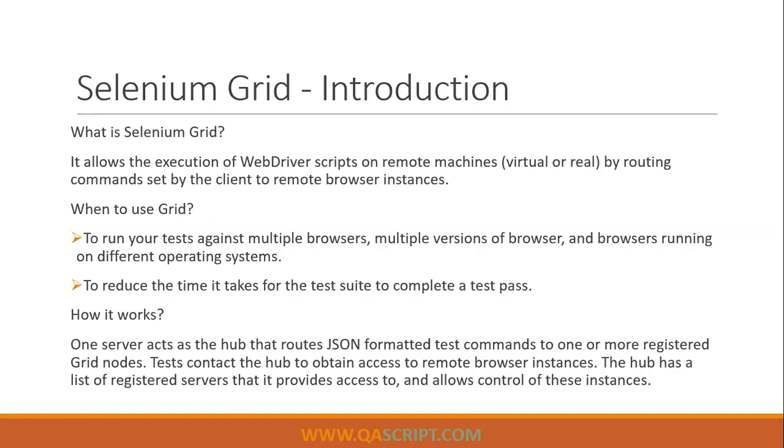It passes over the tests in JSON format in the form of commands, and then the hub connects to the remote browser instances and executes those tests in those instances. That is how Selenium Grid works.